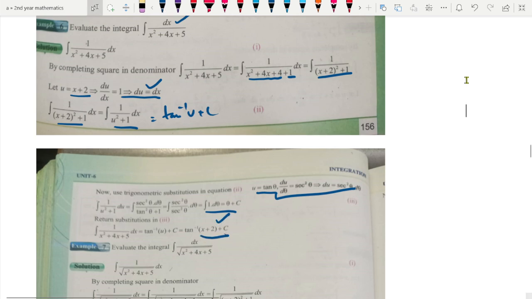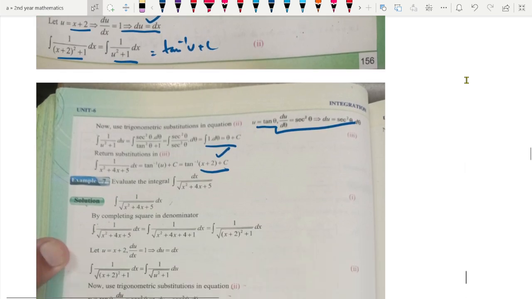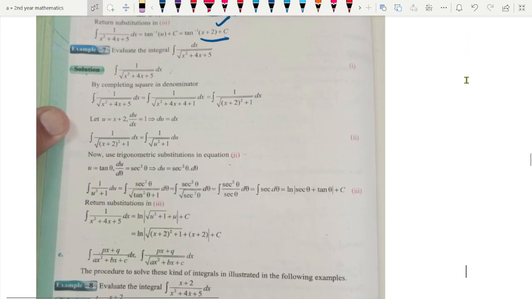Similarly, when you have this kind of situation, when this is under root, what will you do? You will let u is equal to x plus 2 and this is equal to this one. Putting the values, and now use the trigonometric substitution in this equation. So this is equal to this one. Okay, simplifying this one, you will get the answer.